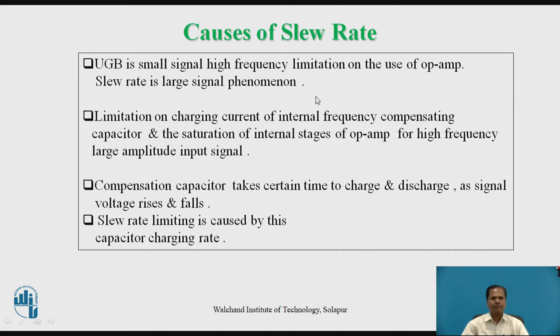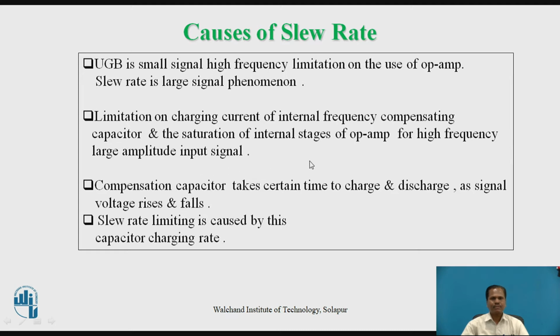Large signal stands for the input voltage signal in terms of volts. The slew rate is caused by the limitation on the charging current of internal frequency compensation capacitor, as well as due to the saturation of internal stages of operational amplifier for high frequency, large amplitude input voltage signal.